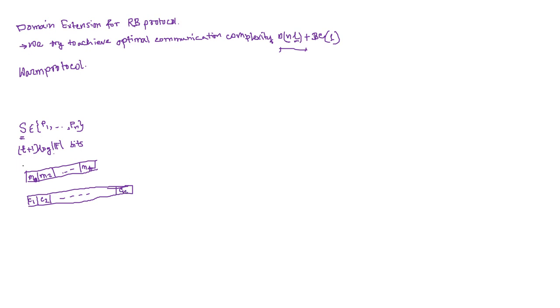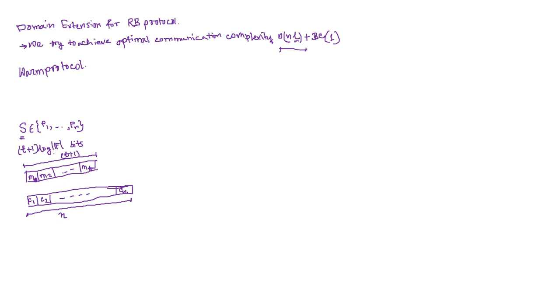Here the Reed-Solomon data word length was t plus 1 field elements, and the code word length is n field elements.